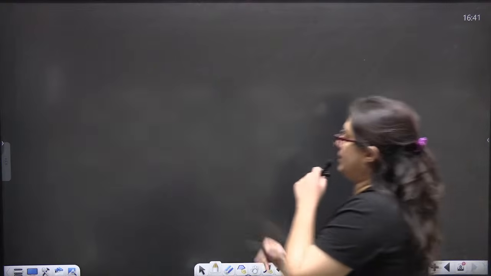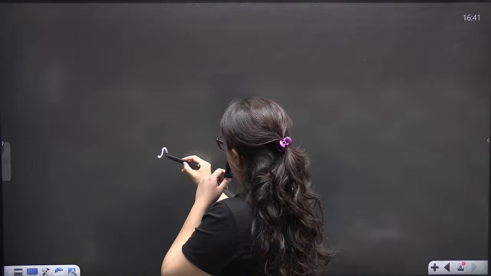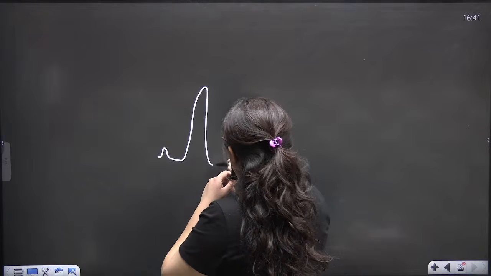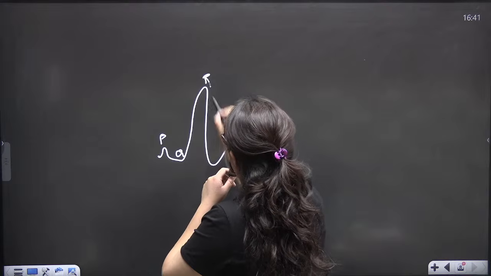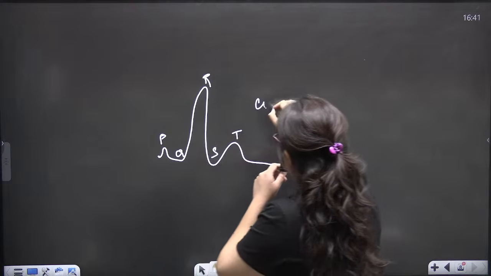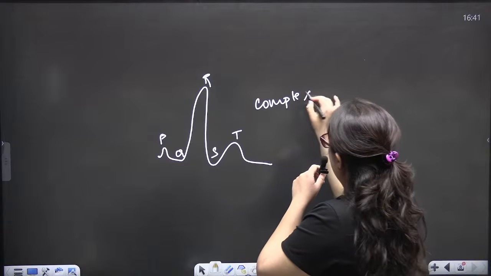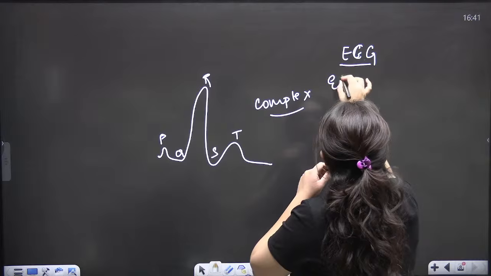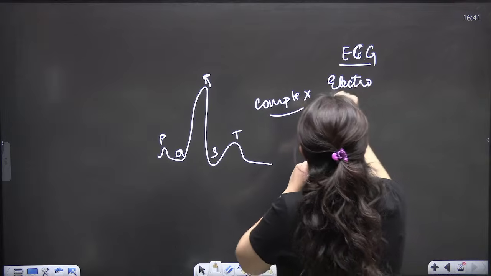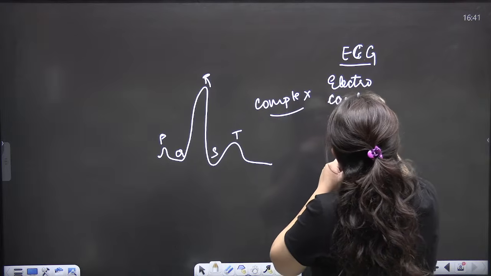Consider the ECG, with the P, QRS waves. What do you mean by ECG? Electrocardiograph.